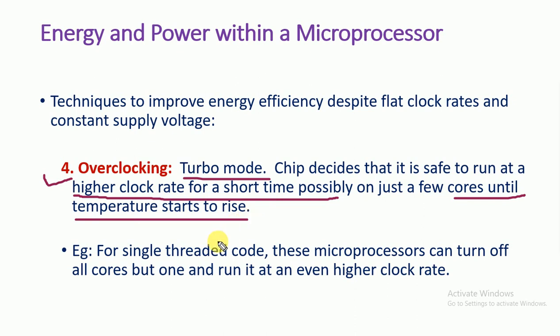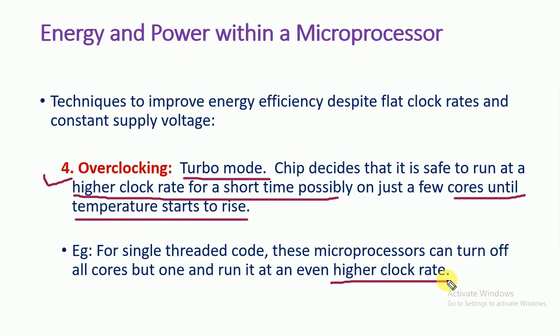So for example, for single threaded code, if you have only one thread to be executed, the microprocessor can turn off all cores and run only one with a higher clock rate. So assume that if you have 10 threads available, for the different 10 threads we need to maintain the clock rate for all the 10 threads.